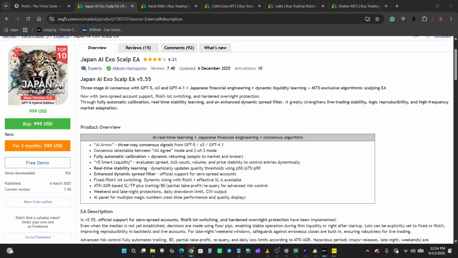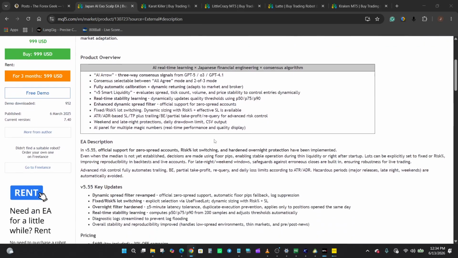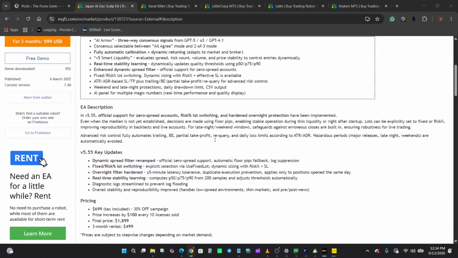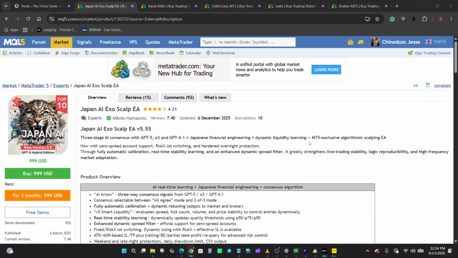One of the first important things clearly stated on the page is platform compatibility. This EA is the MT5 version, and it's not exactly clearly stated if there's an MT4 version here, but if you are using the MetaTrader 4 platform, you might just want to check for that. Okay, we can see here MT5 exclusive algorithmic scalping EA.